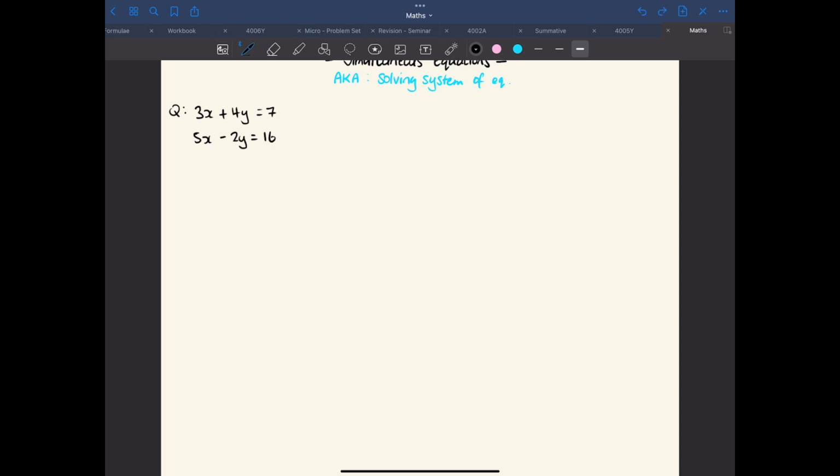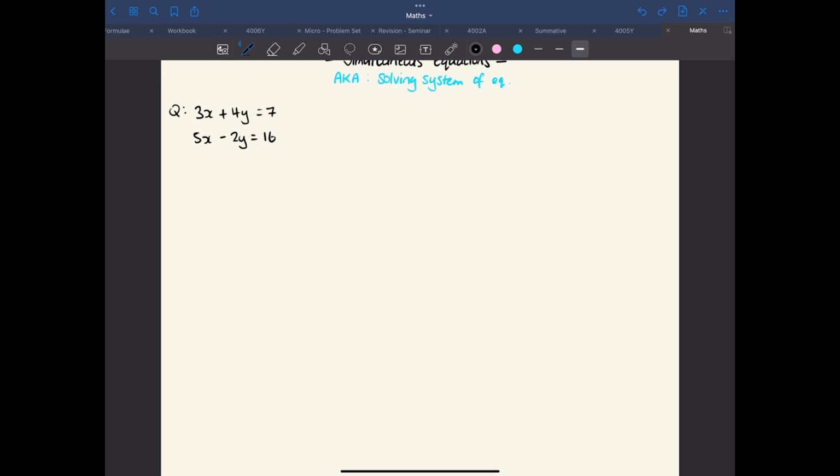Or you can make the x values the same, put everything else onto one side and set them equal to each other. Or you can do the easiest method, which is simply finding common terms and then eliminating them. So we'll go with the third method because this isn't too complicated. It doesn't need a substitution or anything.